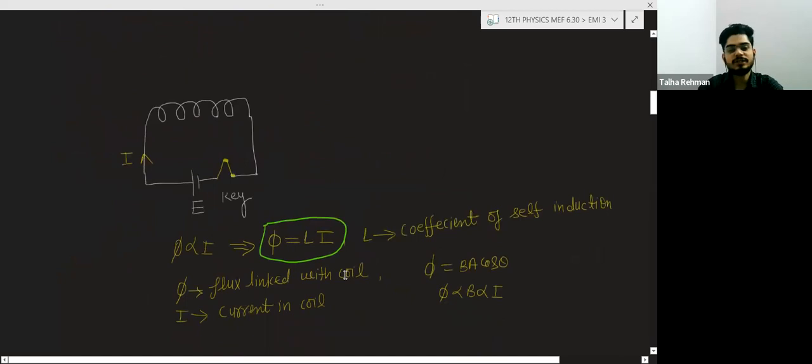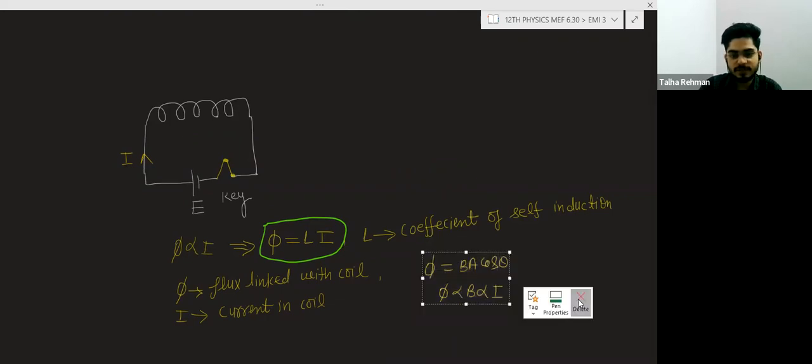So basically you have this coil, and we know that the magnetic flux in this coil is directly proportional to the current. So when you remove this proportionality sign, you will get this L. L is the coefficient of self induction.